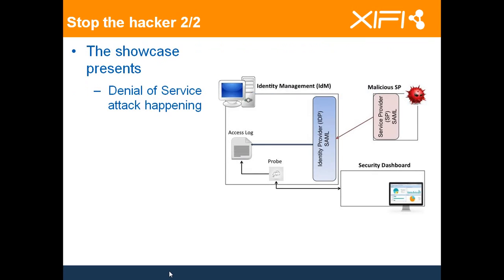So the showcase will present how the system reacts to a denial of service attack. Particularly, we can see the attack happening and exploiting features typical of the identity federation protocol, and the target will be the authentication mechanism.